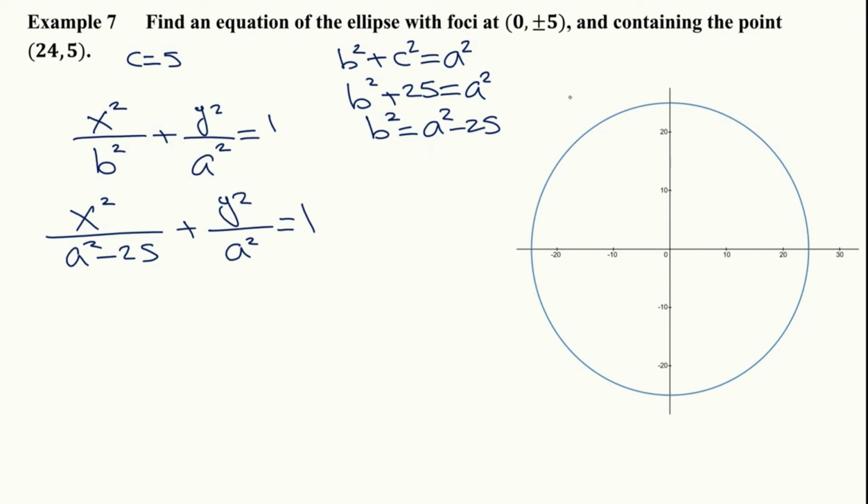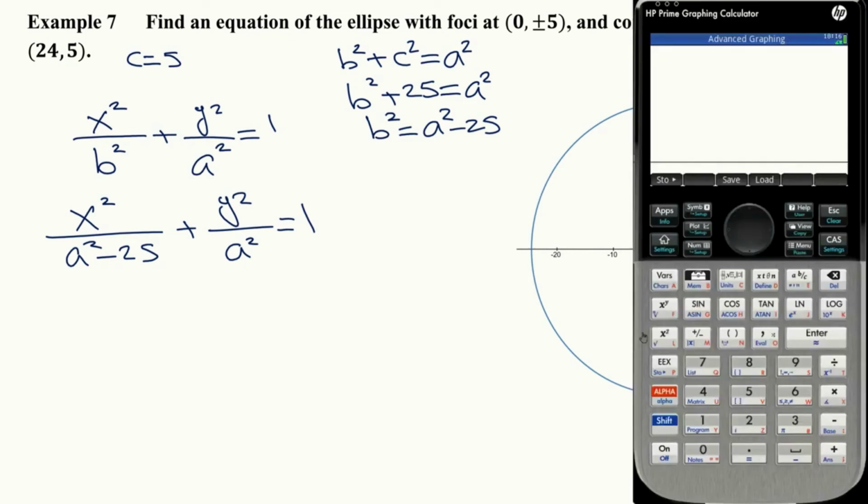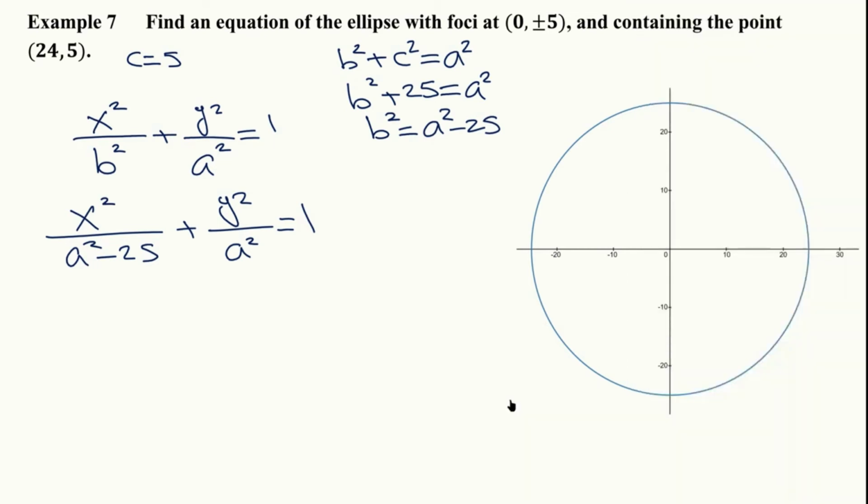So 24 squared, let's go ahead and figure that out: 576. So we get 576 over a squared minus 25 plus y squared, which is going to be, as you can see, 5 squared.